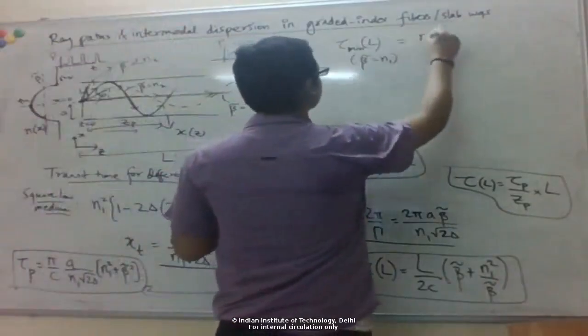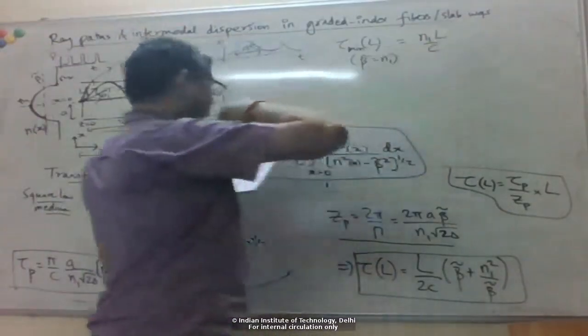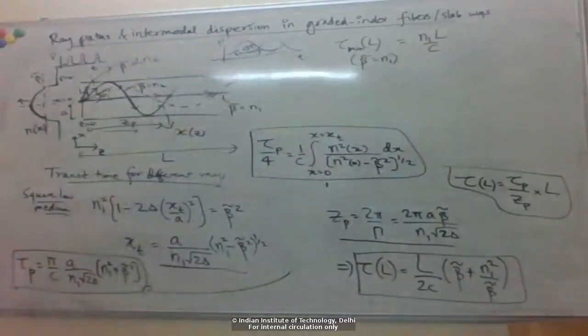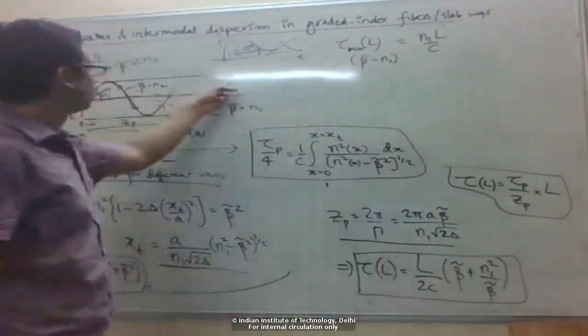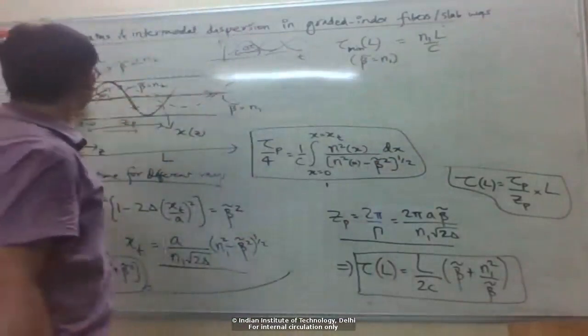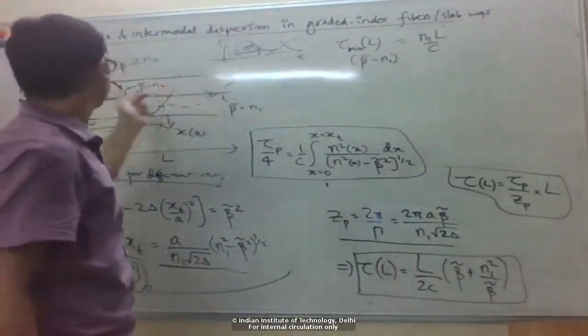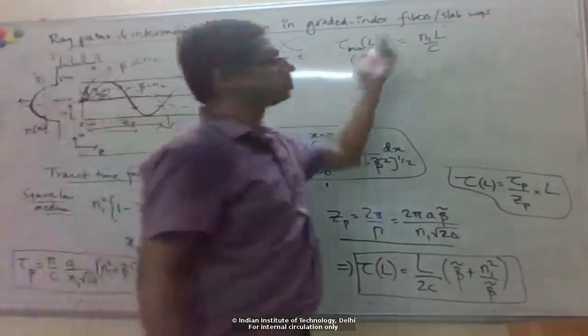So that will just be n1 L by c, which we could have straight away calculated. The ray which goes straight through has a speed c over n1 because it only sees refractive index n1 and it covers the distance L.